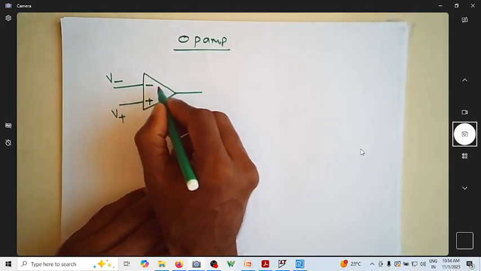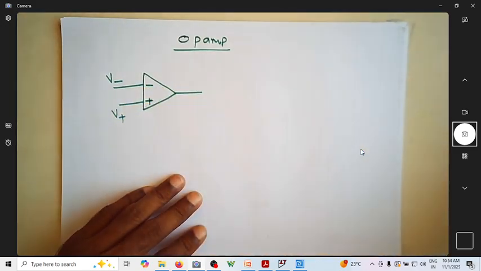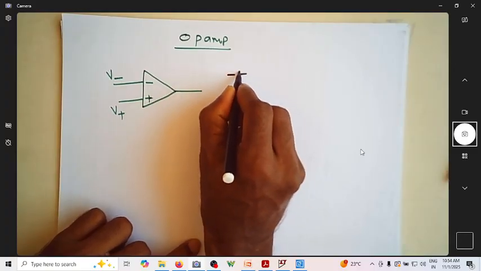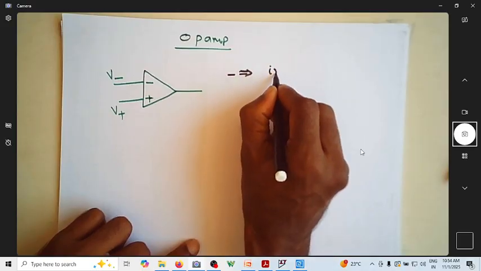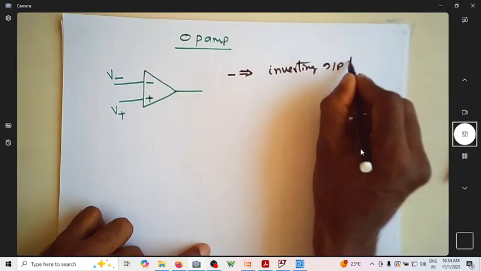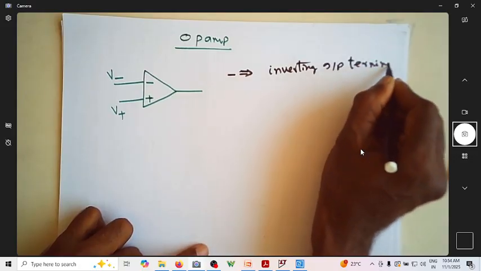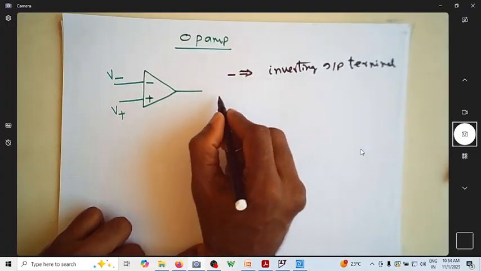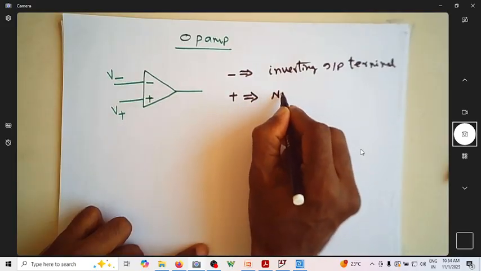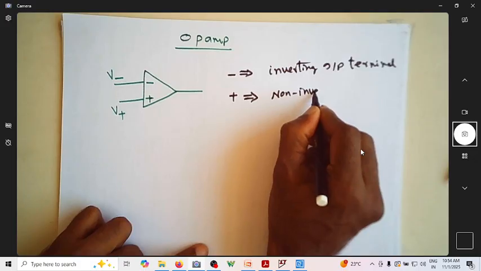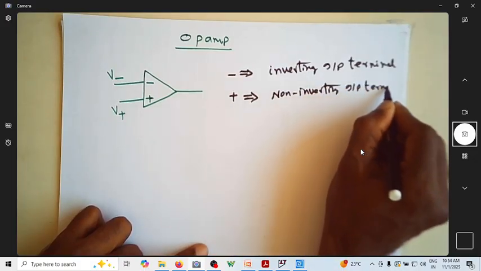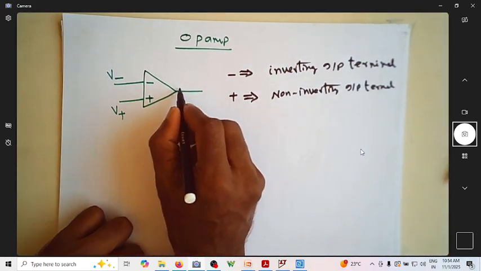This negative indicates it's an inverting input terminal. You have a plus also. This indicates it's a non-inverting input terminal. So these are the input terminals, and this is the output.